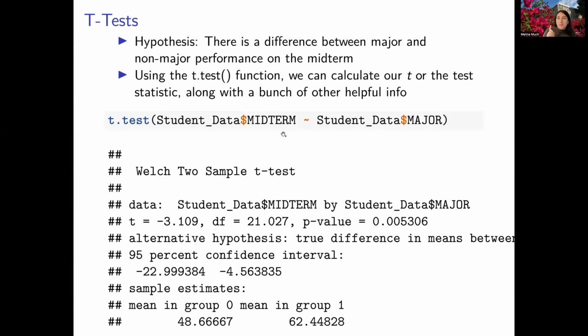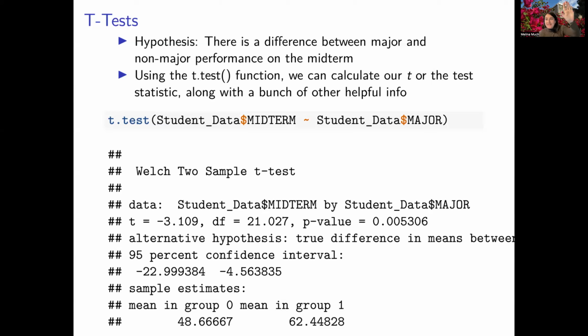The first variable is going to be our dependent variable. That dependent variable is our interval ratio variable, midterm, right? So our dependent variable is going to be midterm, and then we're going to use a tilde sign, okay? The little wiggly line is called a tilde, and we're going to specify our independent variable after that, which is major.